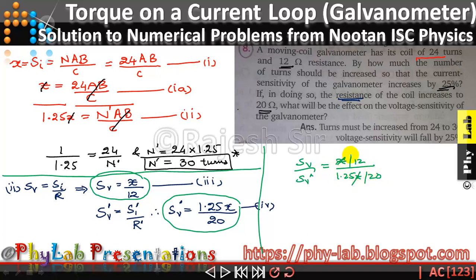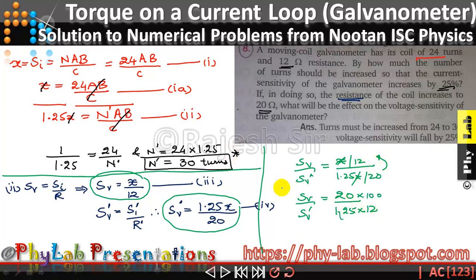This X and this X cancel out. So SV upon SV dash is equal to 20 upon 1.25 times 12. I hope that's clear to all of you. I have just brought this 12 into the denominator, and this 20 goes up in the numerator. Now solving it out.